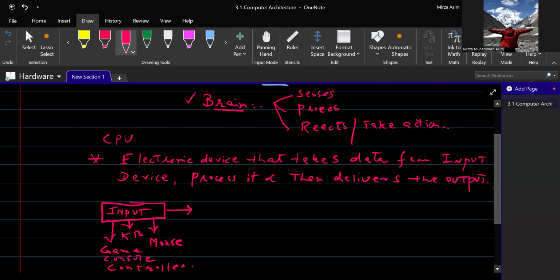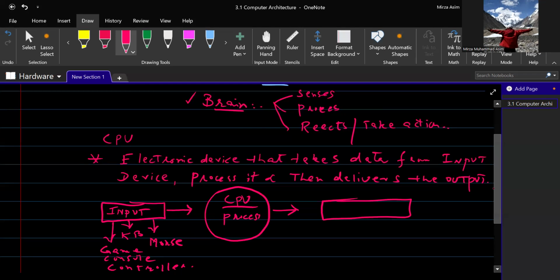Through these input devices, the data enters into the computer system, and the CPU processes it and delivers output on the output device.